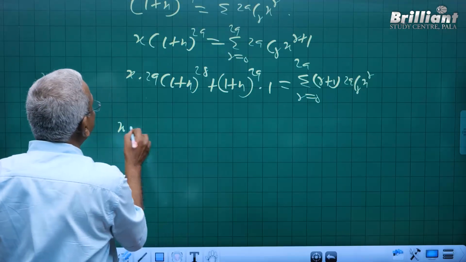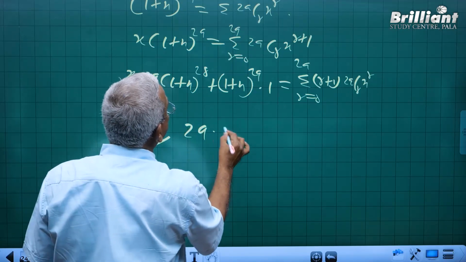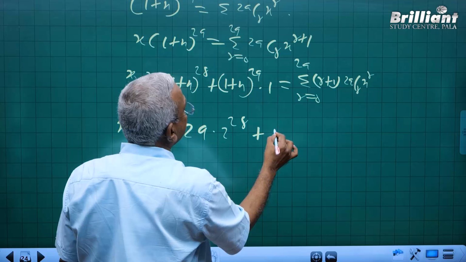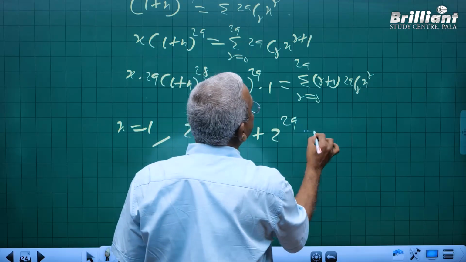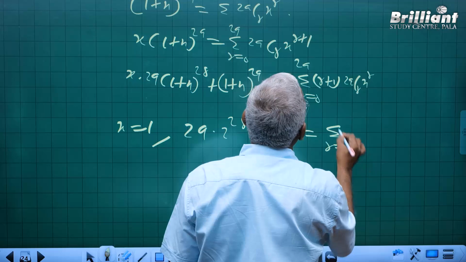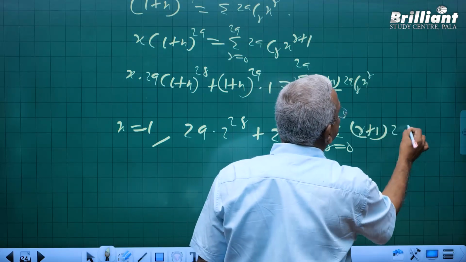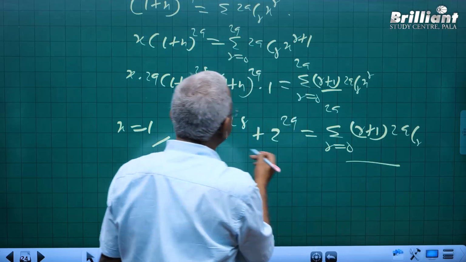Put x is equal to 1. This implies that 29 into 2 raised to 28 plus 2 raised to 29 is equal to sigma r is equal to 0 to 29, r plus 1 into 29Cr. So this answer is exactly here.